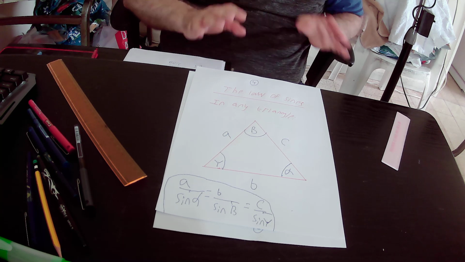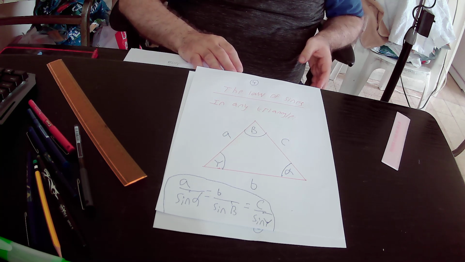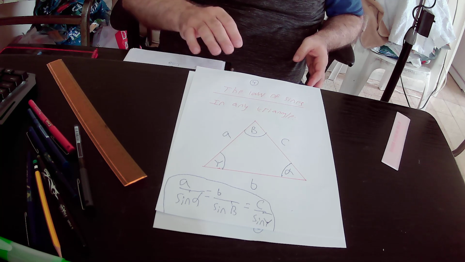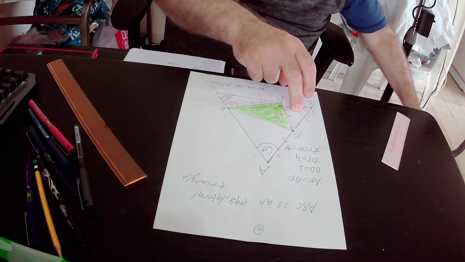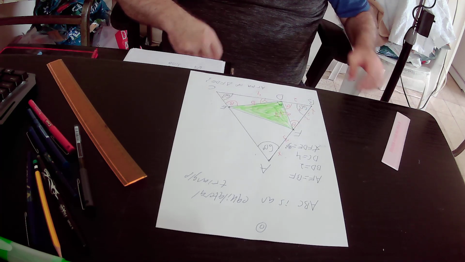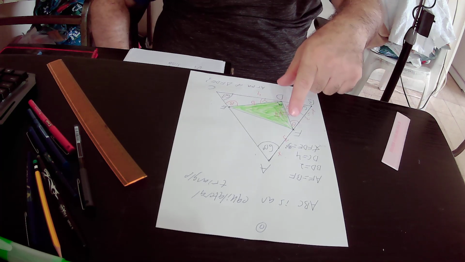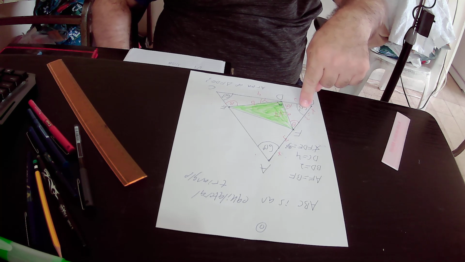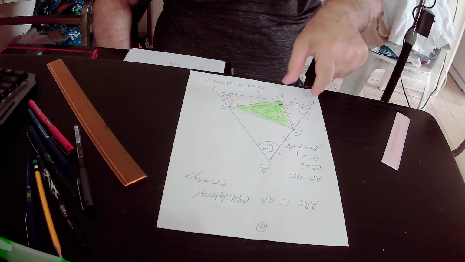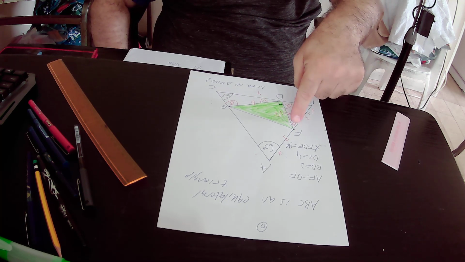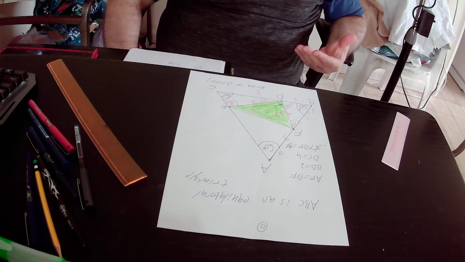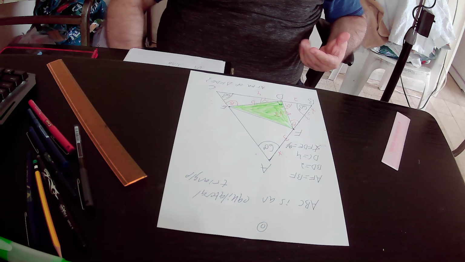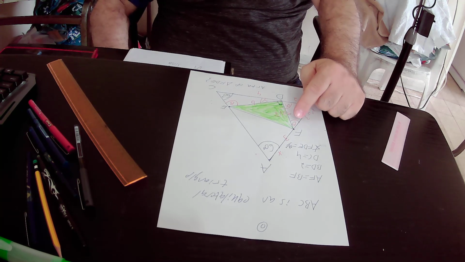It is true for any triangle. So we can implement the law of sines in the small triangle BFD. According to the law of sines, FD over sine 60 degrees equals BD over sine theta, and in this way we will get the value of sine theta, because sine theta is the only missing variable.